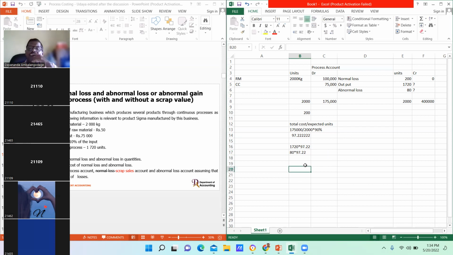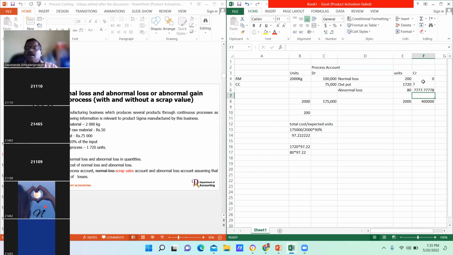So if you go to the answer: calculate the normal loss and abnormal loss in quantities. Normal loss is 200, abnormal loss is 80. Calculate the cost of normal loss and abnormal loss. Normal loss cost is 0, and abnormal loss cost is 80 into this 97.22. So that is so much.